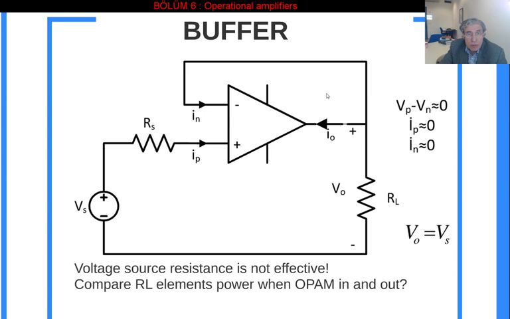So if you don't use this buffer, now you could do this test, for example: compare RL element's power when OPAMP in and out. You're going to see that the power that you transfer to this load without the operational amplifier and with the operational amplifier is going to be different.